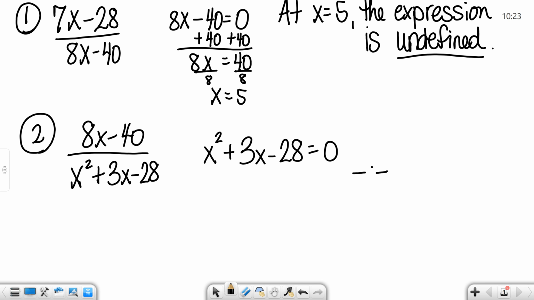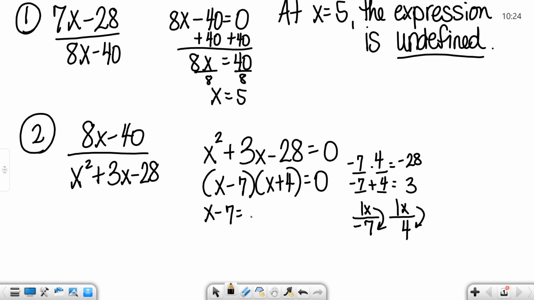We're looking for two numbers that multiply to be AC, but add up to be B. A times C is negative 28, and my B value is 3. So those numbers are negative 7, positive 4. So we solve each one for 0, set each one equal to 0 and solve. So I get x is 7 and x is negative 4.